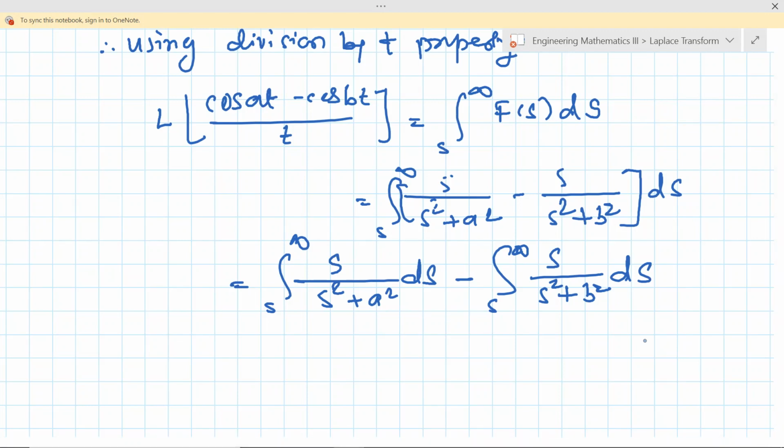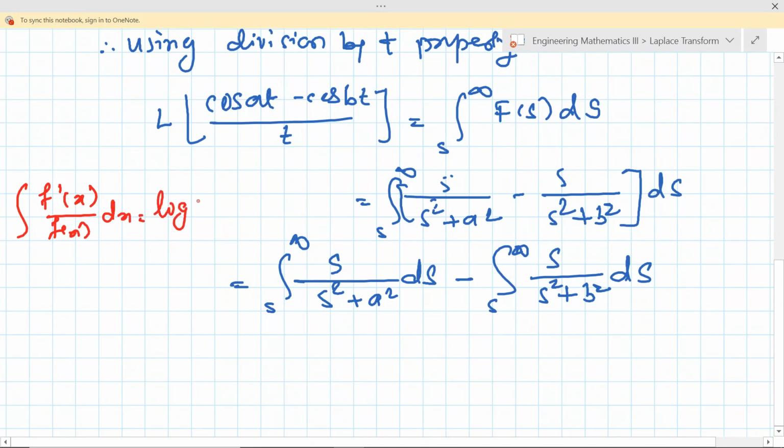If we adjust 2 in the numerator, we have the derivative of the denominator in the numerator, because we have the rule of integration. If the derivative is there in the numerator, it is integration of f dash of x upon f of x dx, which is equal to log of f of x. This is the rule.